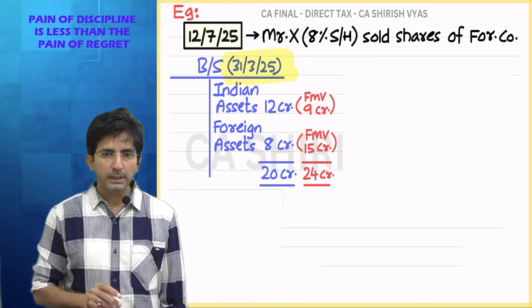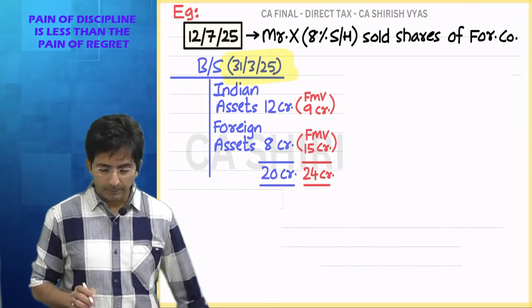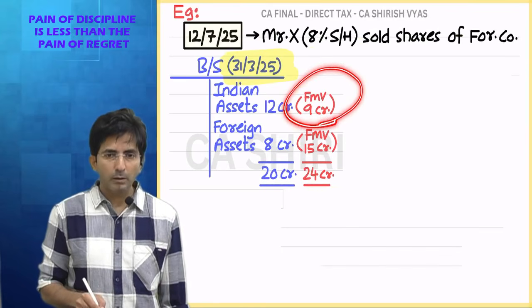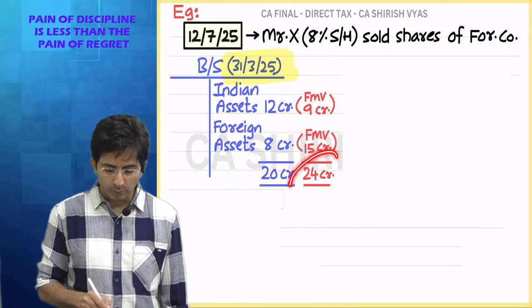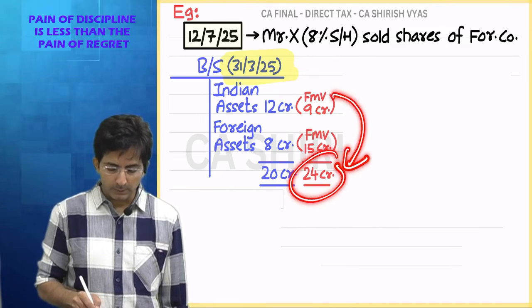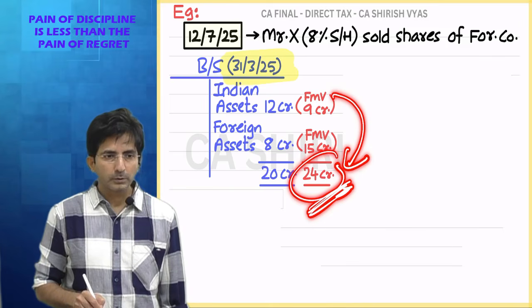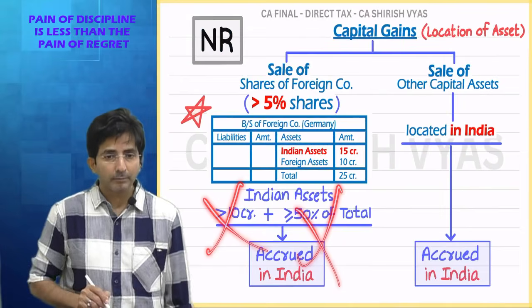But will you measure in terms of book value or FMV? FMV. See, here I told you it is in terms of FMV. So tell me, in terms of FMV what is the value of Indian assets? 9 crore. Here only I failed. If you check the percentage also, 9 crores is how much percent of 20 crores? It is less than 50. Means both the conditions are failing.